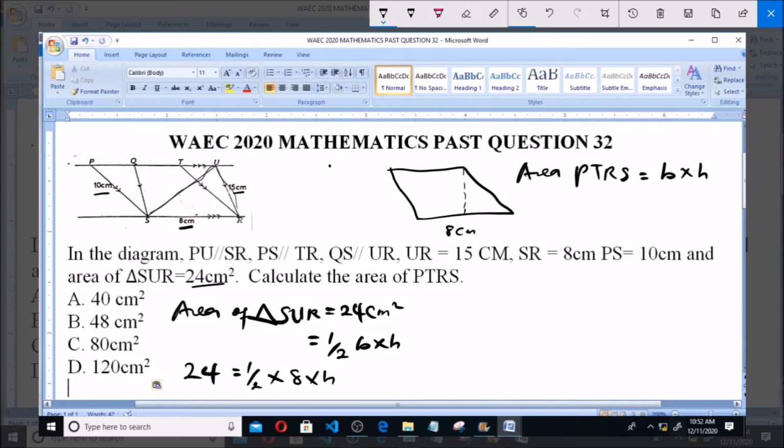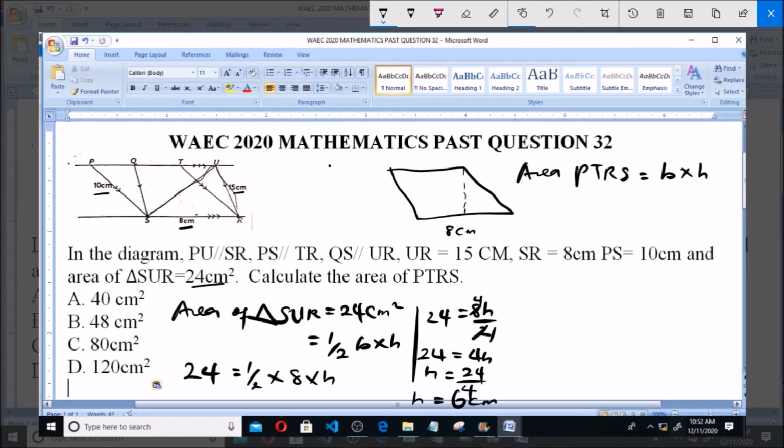So 24 is equal to 8h all over 2. 2 into 8 is 4, so 24 is equal to 4h. h is equal to 24 all over 4, and h is equal to 6 cm.